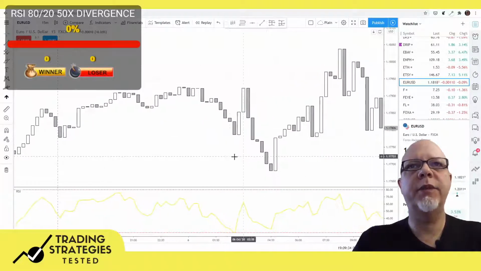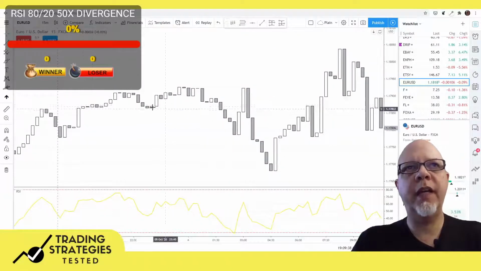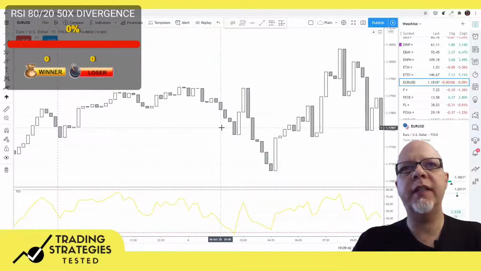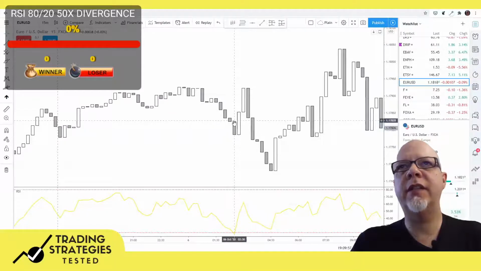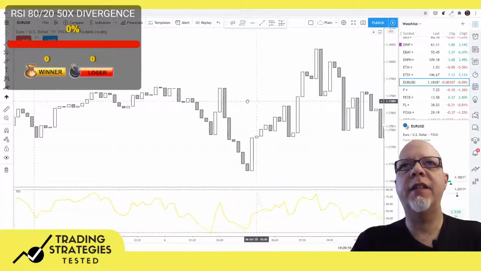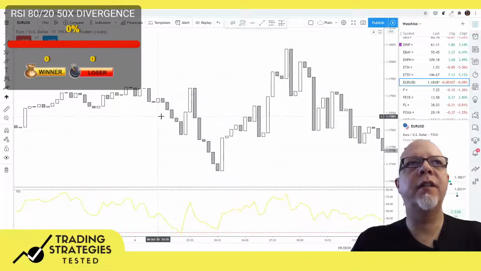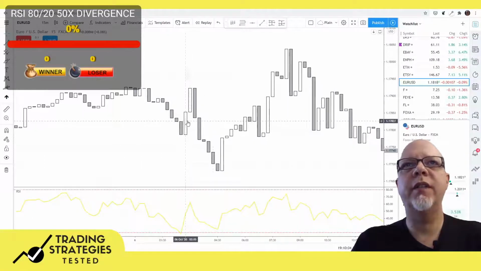Okay, this looks promising. We basically have a sideways move and a low over here, so I'll take that. This is a low, RSI below 20. Here we have a further low with the RSI higher, and so here we have our trigger candlestick, and we're going to enter right at this point.